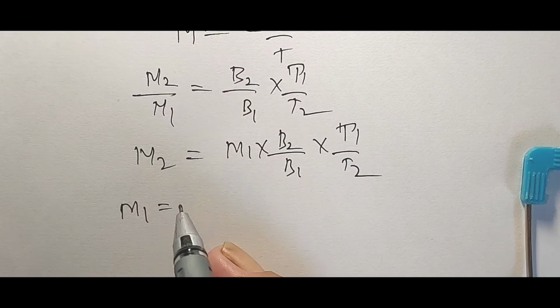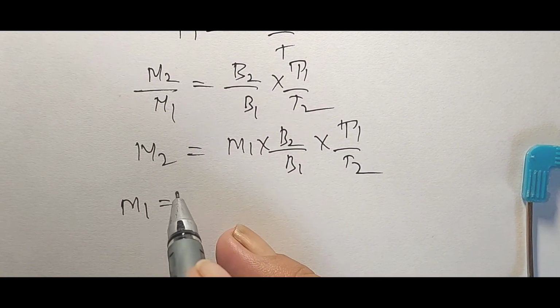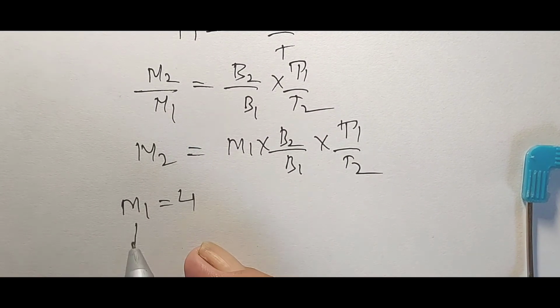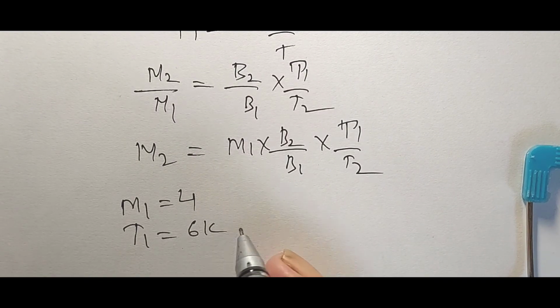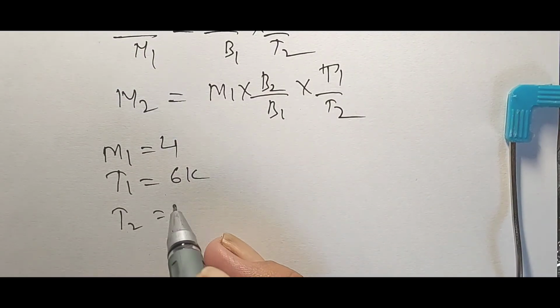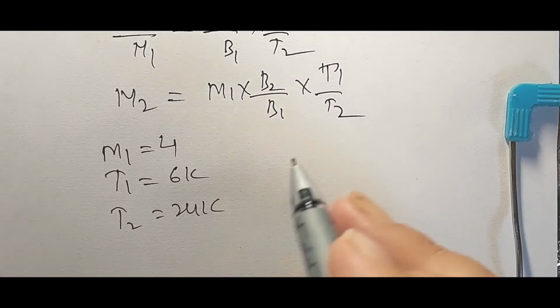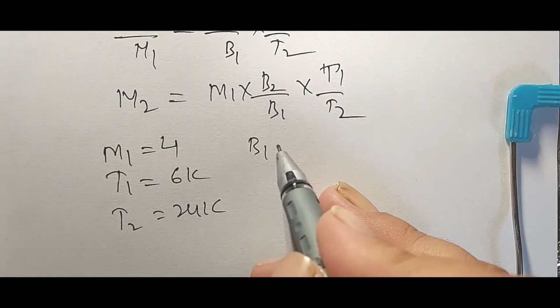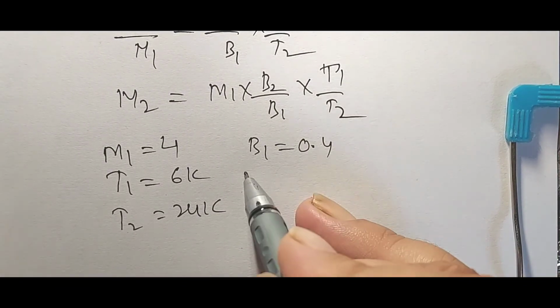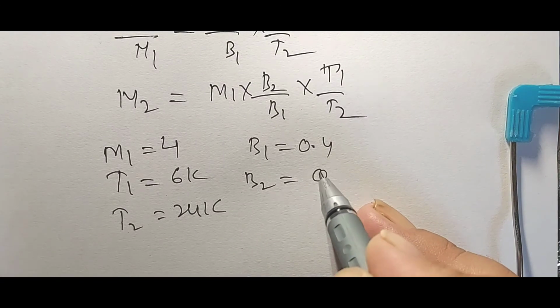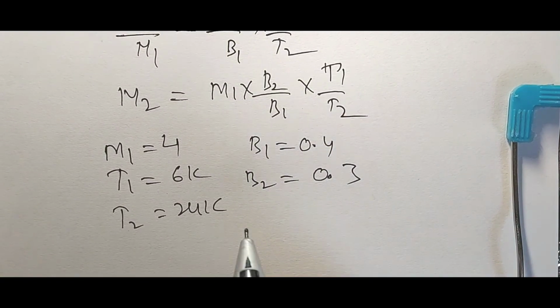So according to the given problem, magnetization of the sample in the first case is 4. T1 is 6 Kelvin, T2 is 24 Kelvin. In the first case magnetic field is 0.4, in the second case magnetic field is 0.3.